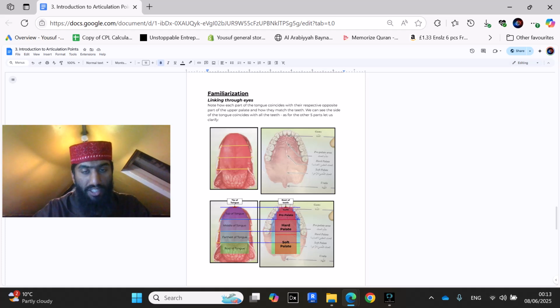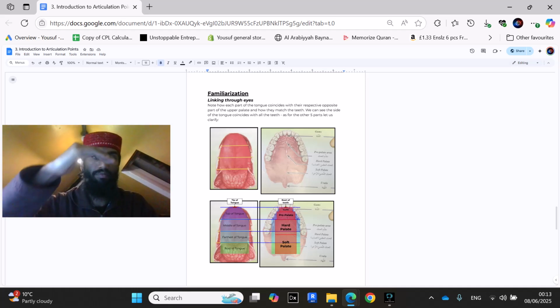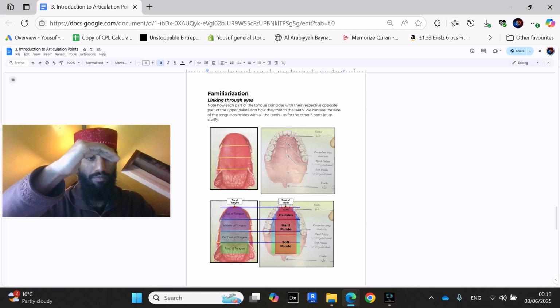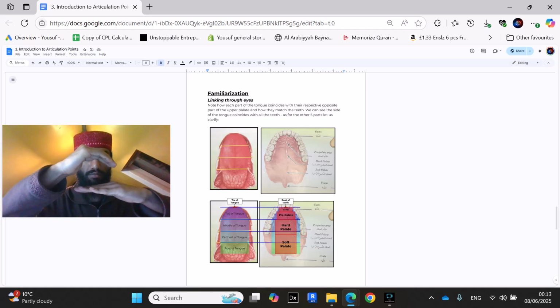Now, doing a bit of familiarization through the eyes. Note how each part of the tongue coincides with its respective part of the upper palate, meaning opposite to it. Let's say the upper palate is this, the tongue is this. Whatever is opposite to it coincides.